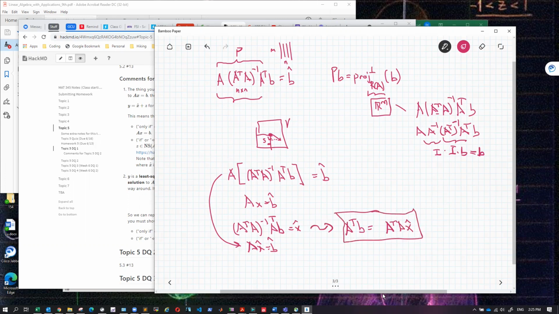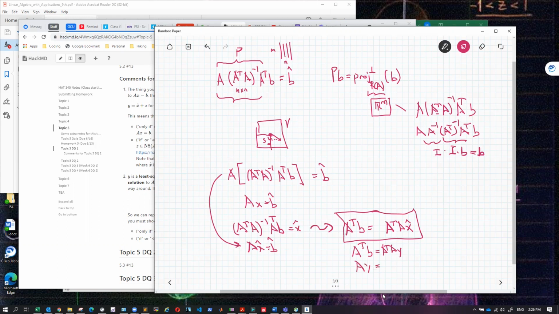More to the point, if I take any y such that A transpose b equals A transpose A y, take any y that happens to satisfy that, and then I apply A to y, I look at A of y.